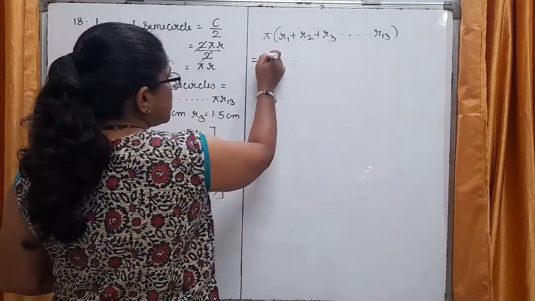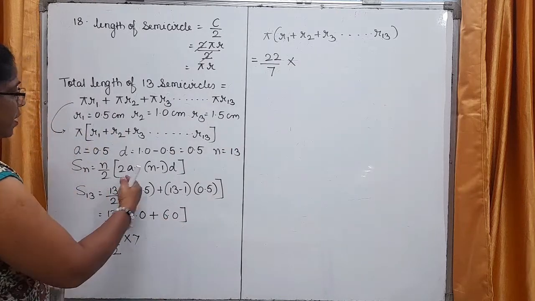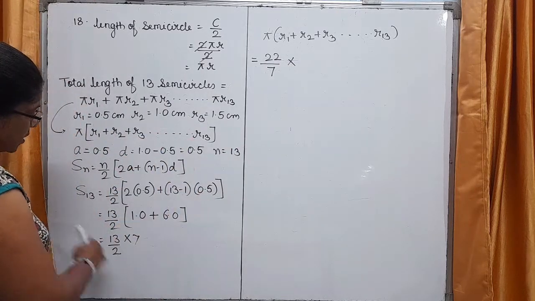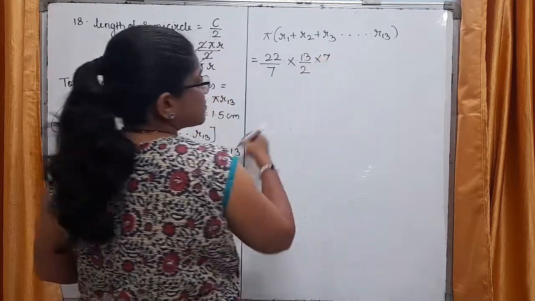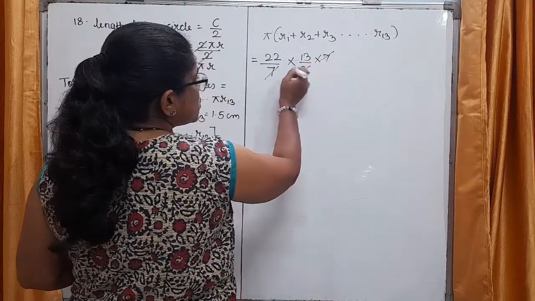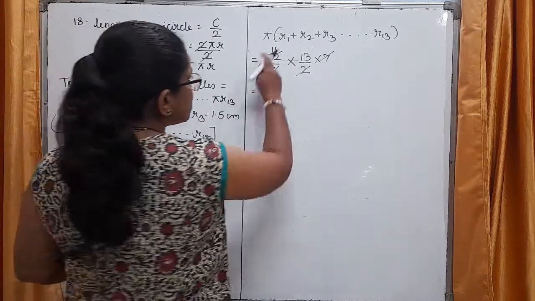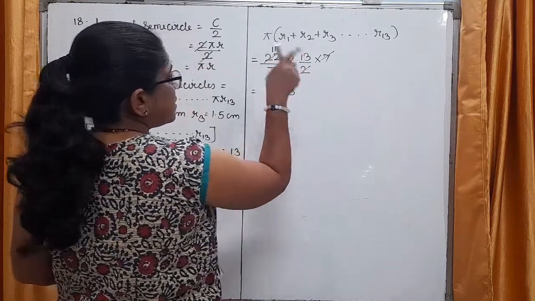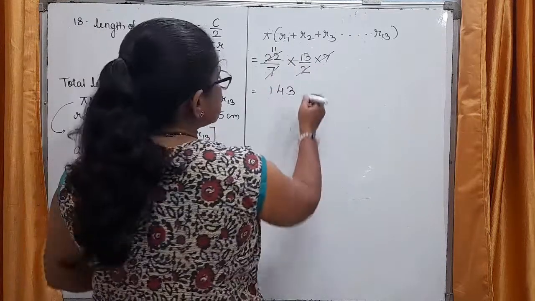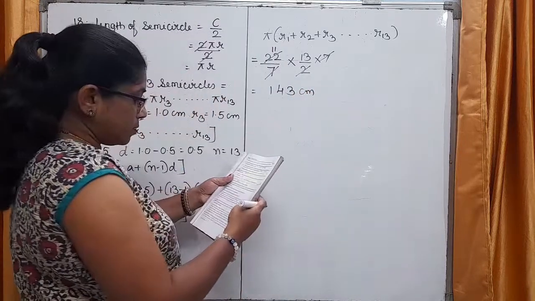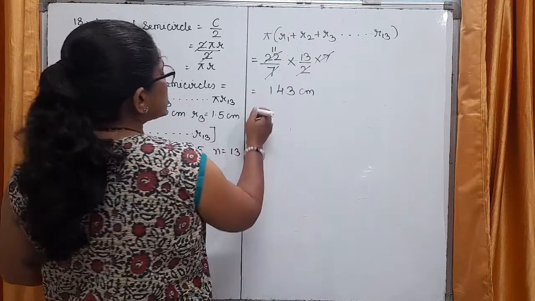Now pi we have to consider as 22 upon 7, into what we have calculated, r1 plus r2 plus r3 up to 13 terms, which is 13 upon 2 into 7. 7 and 7 get cancelled. 2 ones are 2, 11 twos are 22, so it is 11 into 13. 11 threes are 33, 11 ones are 11, plus 3, that is 143. So the total length of this spiral of 13 semicircles is 143 centimeters.